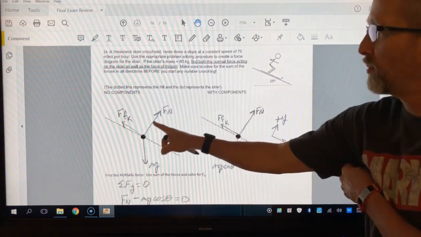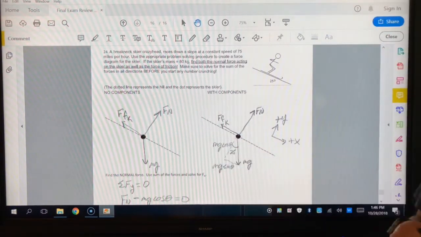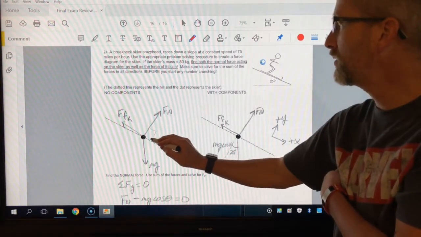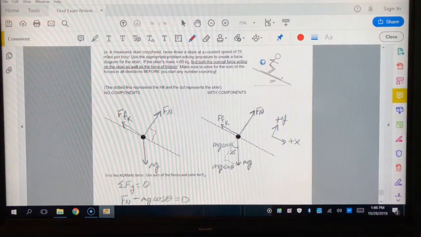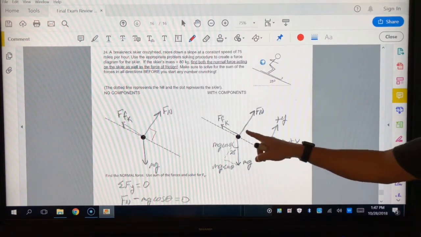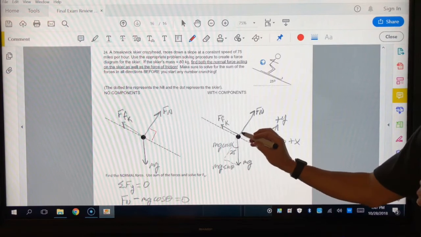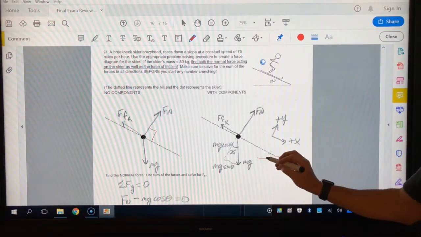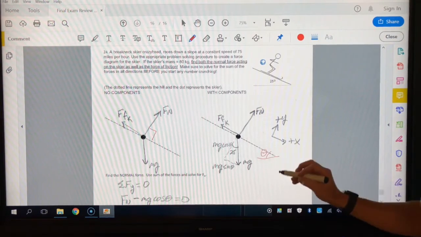Don't forget your normal force needs to be perpendicular or have a 90-degree angle next to your slope. So we did that, and then we drew all of our components. Remember, you've got one component here and one here. Whatever your angle is right here, so this angle is 25.